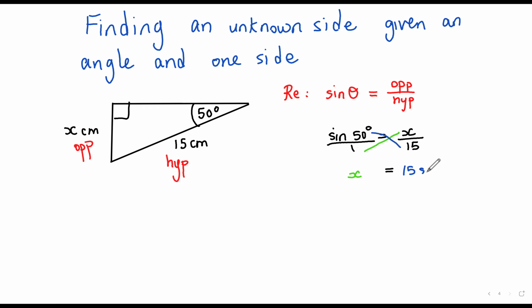On your calculators, that is exactly what you're going to type: 15 sine 50. Not sine inverse, just straight sine. So 15 sine 50 equal, and tell me what you got.